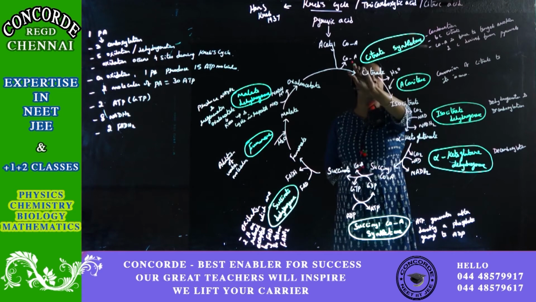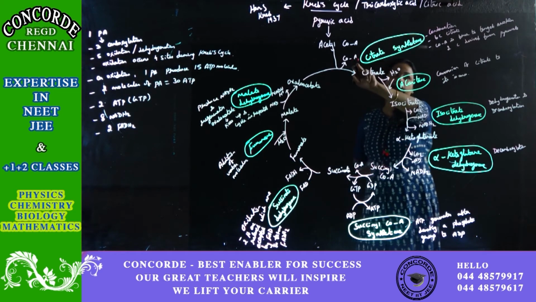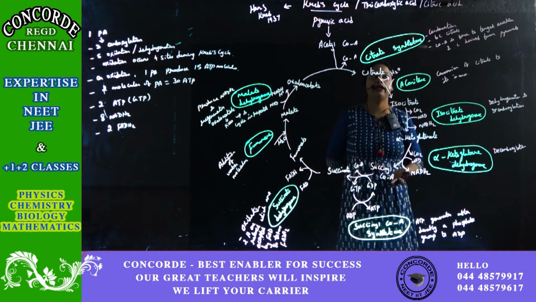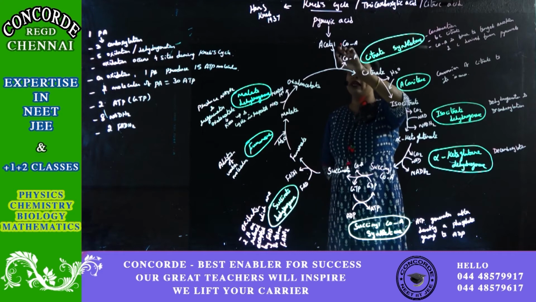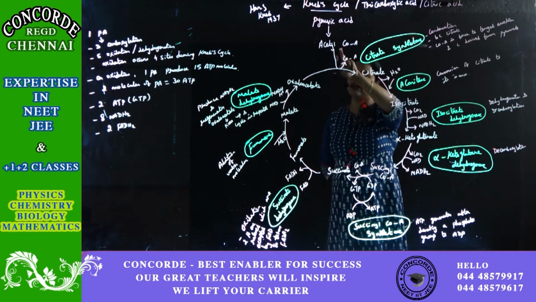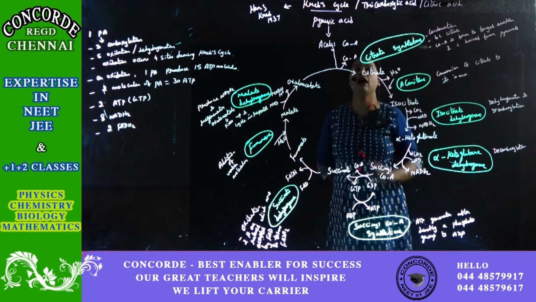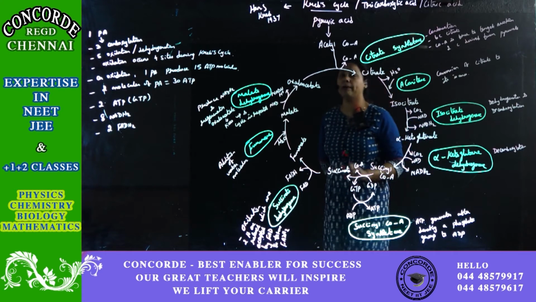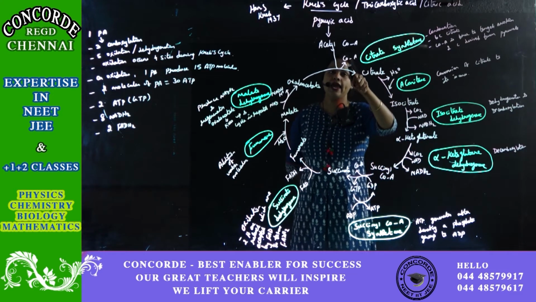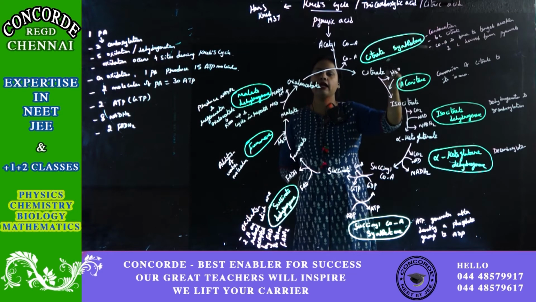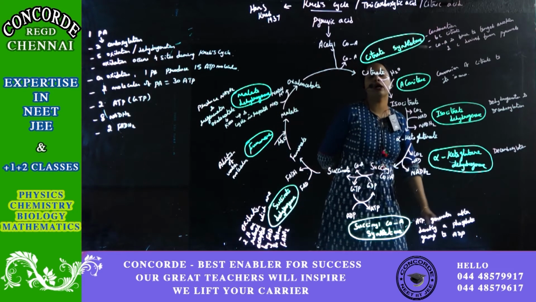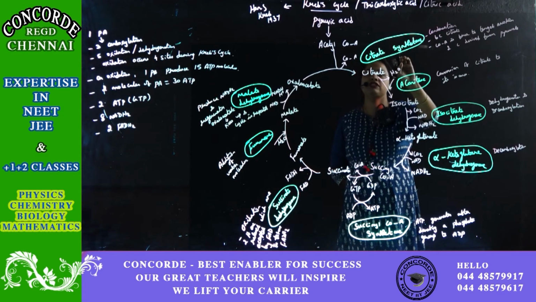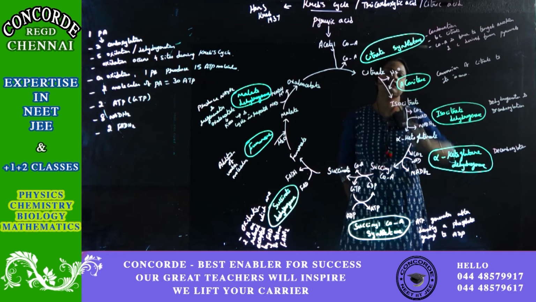Once the CoA is released, it is free, so it can target another 2 carbon derived pyruvate. Once condensation happens, the released CoA is free to react with another 2 carbon pyruvate. With the help of citrate synthetase, it produces citrate.